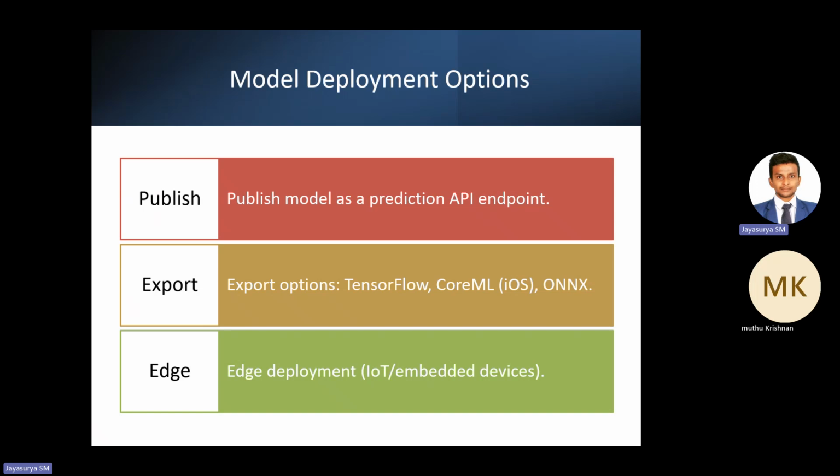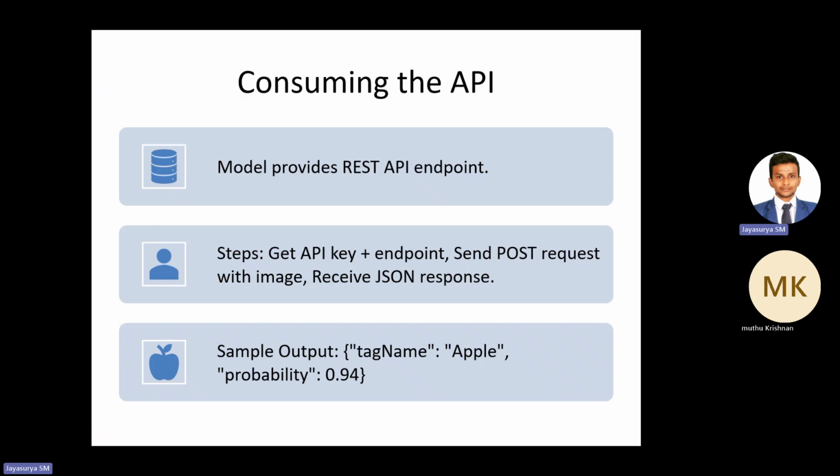For edge deployment, we'll be using it for IoT connections. For example, if you want to connect CCTV cameras, that comes under the hood, right? And consuming the APIs: if you want to build applications for image classification and image recognition, we can use this best API endpoint to connect in our code and consume it.